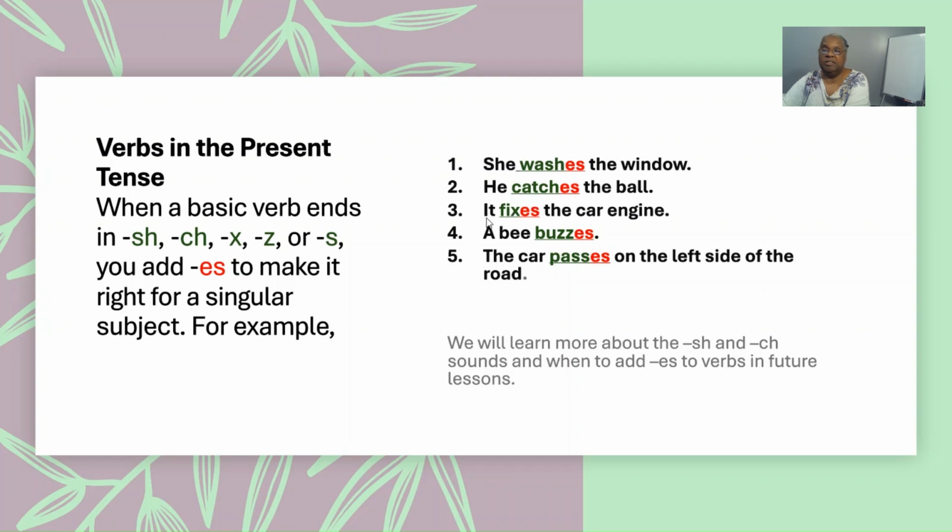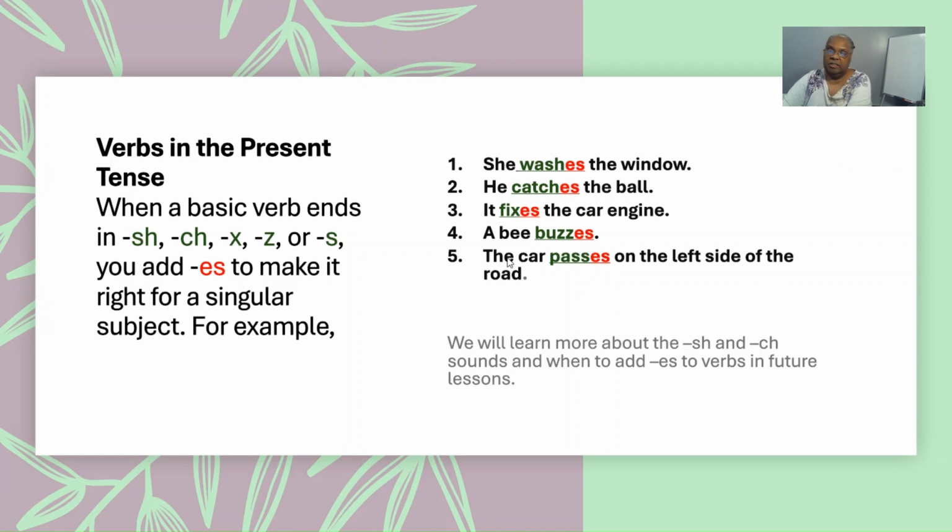In the third sentence, it fixes the car engine. The word fix ends in an x. Therefore, we added es to the verb. In the fourth sentence, a bee buzzes. The basic verb buzz ends with a z, therefore we added es.